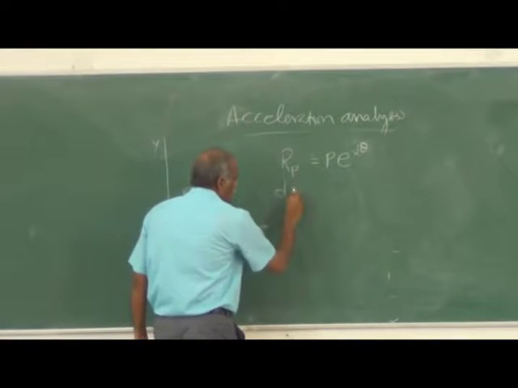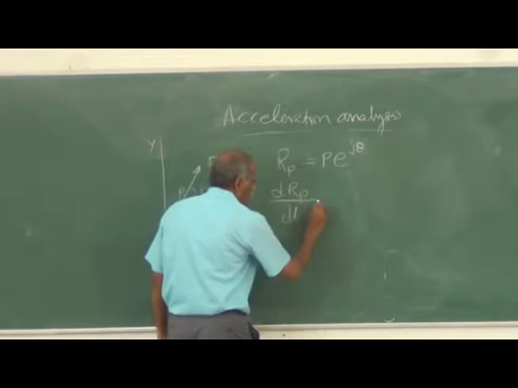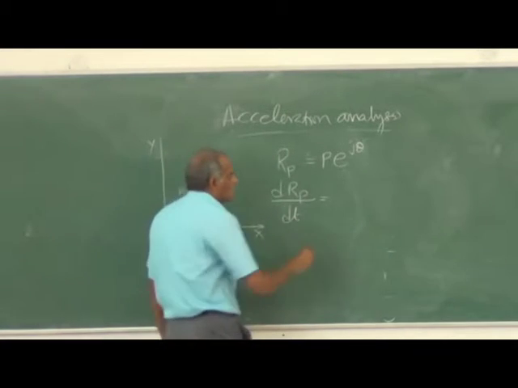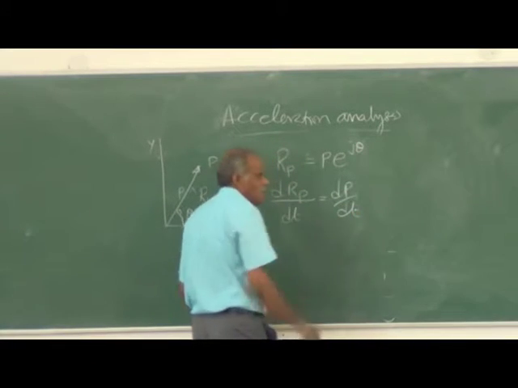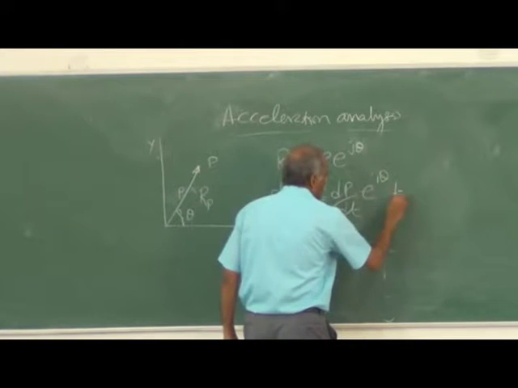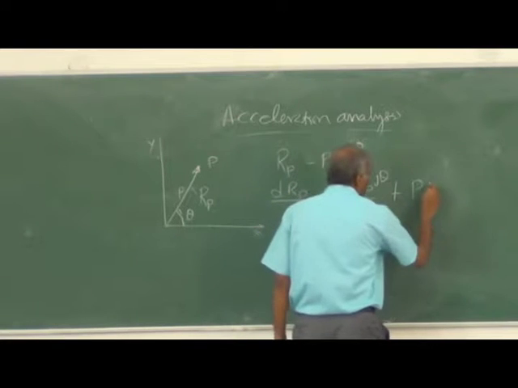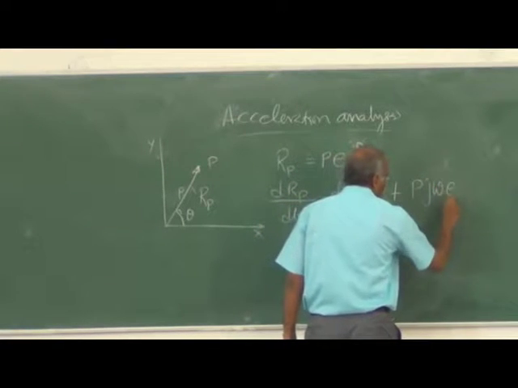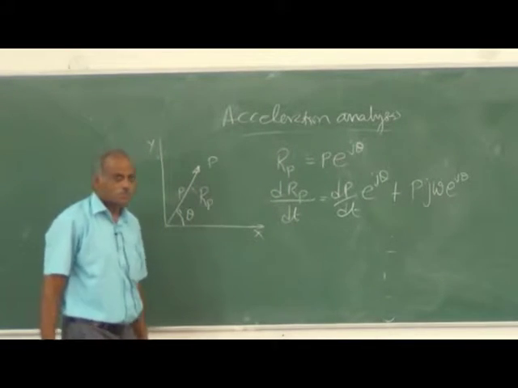Then if you differentiate it, the rate of change gives the velocity, so we differentiate it as dP by dt into e power j theta plus P into j omega e power j theta.